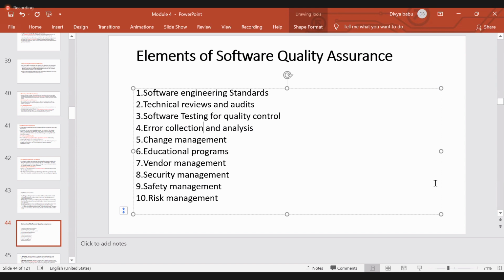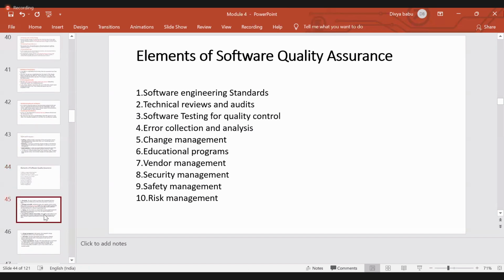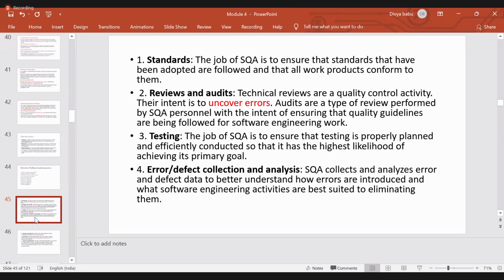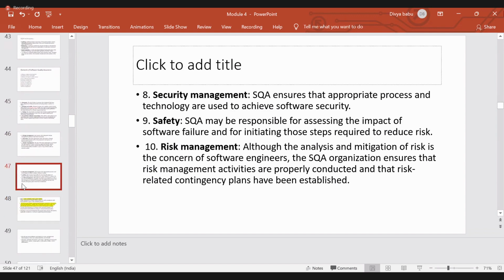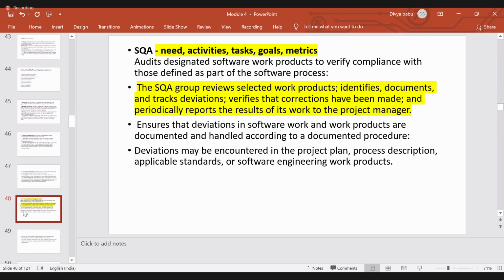So these are the elements to be discussed. The theory of these things, which I explained in the previous classes, is there as notes. Then SQA need, activity, task, goals, and metrics.